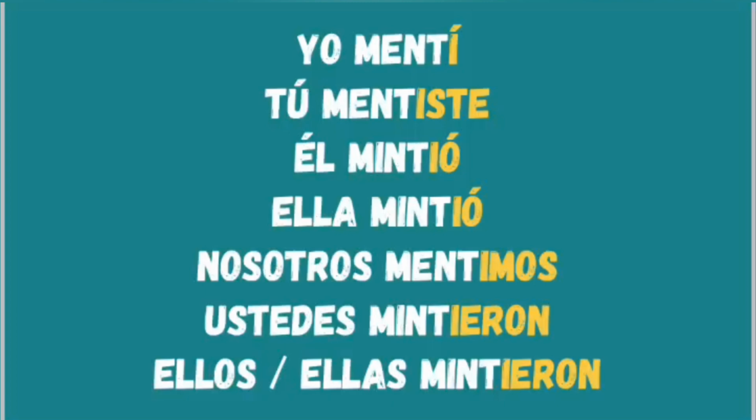Now if you want to say you lied, in Spanish you have to say tú mentiste, okay, see? In these personal pronouns, the root word is the same, but then in the personal pronoun he lied, the root word is going to change, okay?